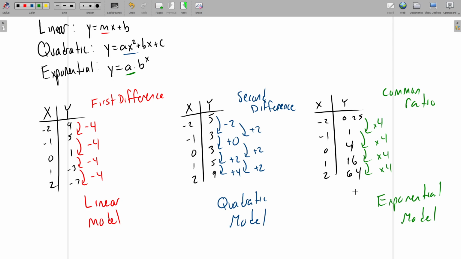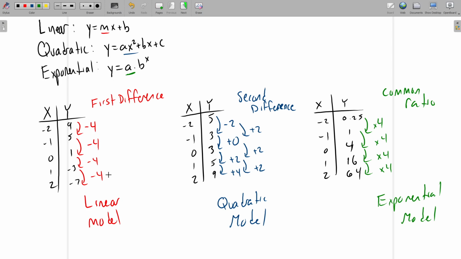So this is an exponential model. To recap the strategy you should take for looking at a table of values and identifying if it's a linear, a quadratic, or an exponential model, you should always check the x values to make sure there's nothing tricky going on. Make sure that the x values are increasing at the same rate. You should always look for a first difference first.